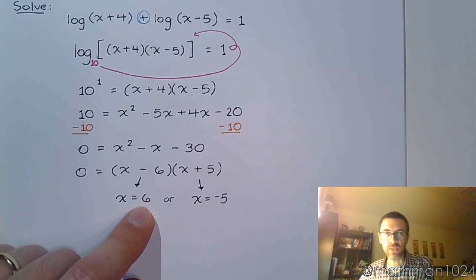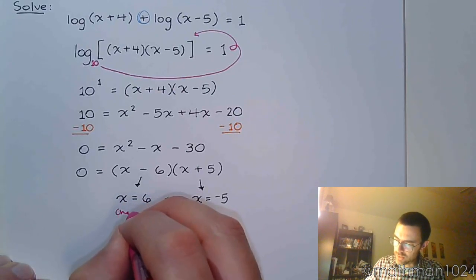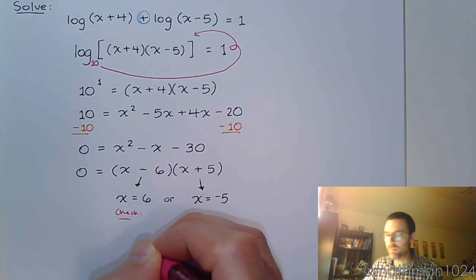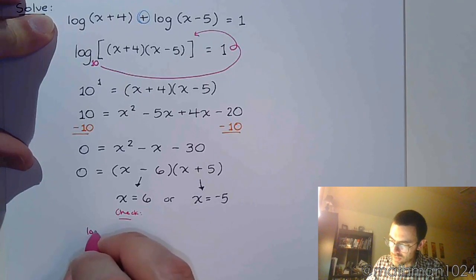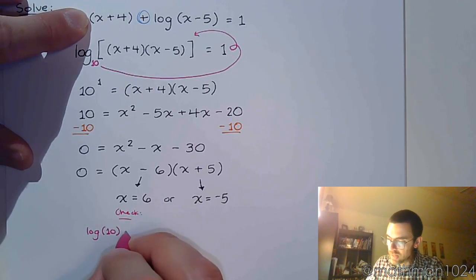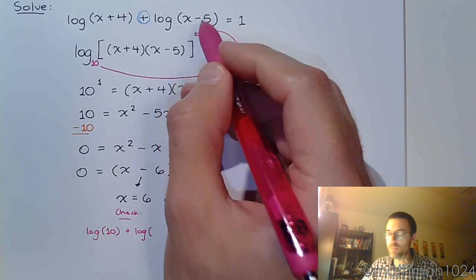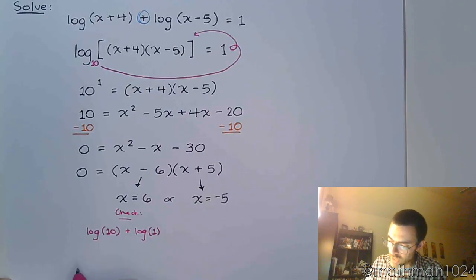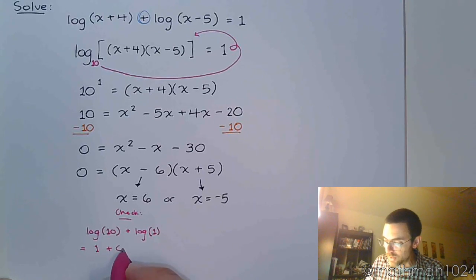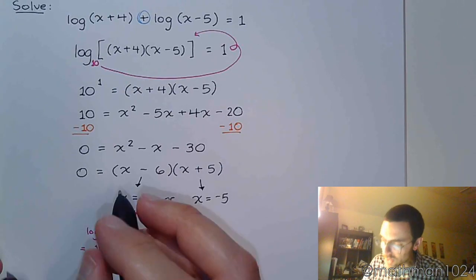If I plug in 6, if I check that guy, I would have the log of 6 plus 4 is 10, plus the log of, plug in 6 here, 6 minus 5 is 1. Knowing how common logs work, log of 10 is 1, log of 1 is 0, and I get 1. So that guy checks out. x equals 6 is a solution.